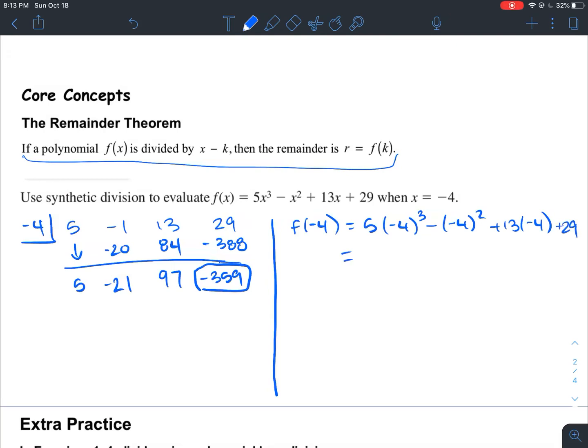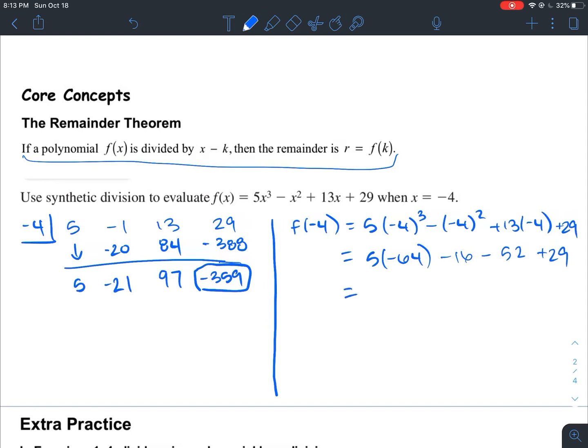Okay, now to solve for this, this is going to be 5 times negative 64, I believe that is, minus 16, minus 13 times 4, which is 52, plus 29.